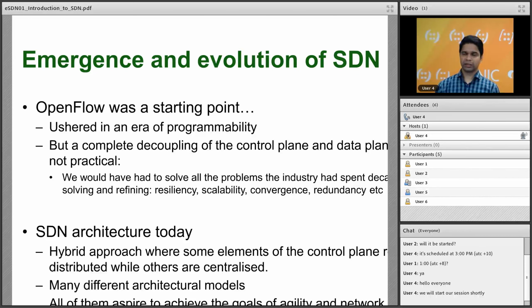If you look at the SDN architecture today, practically what we have is a hybrid approach where some elements of the control plane remain distributed while others are centralized. Many different architectural models were spawned from the initial OpenFlow concept, and we will cover a few of them in later slides. All of them aspire to achieve the goal of agility and network programmability.